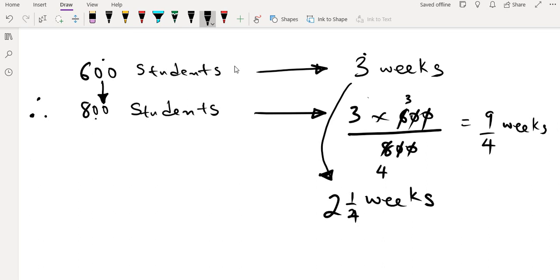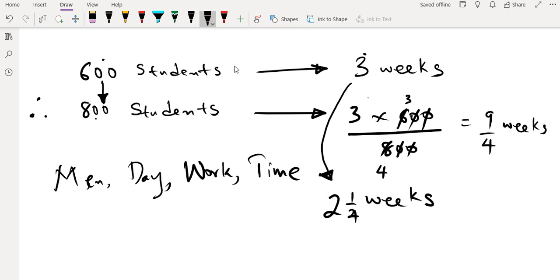Okay, another way is that you'll be hearing things like men, days, work, and food. Work and food. Time, which is weeks. Days also has to do with time or weeks, as the case might be.